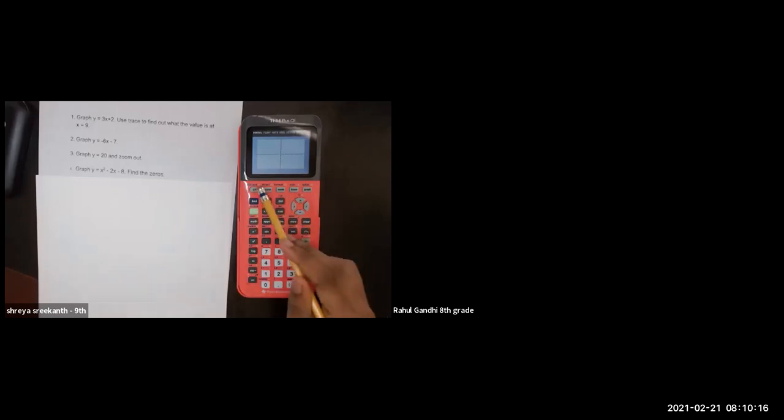So for number 4, we're going to graph a parabola, y equals x squared minus 2x minus 8. And I want you to try to find the zeros of the equation. To do this, we type x squared minus 2x minus 8, and then we graph it.